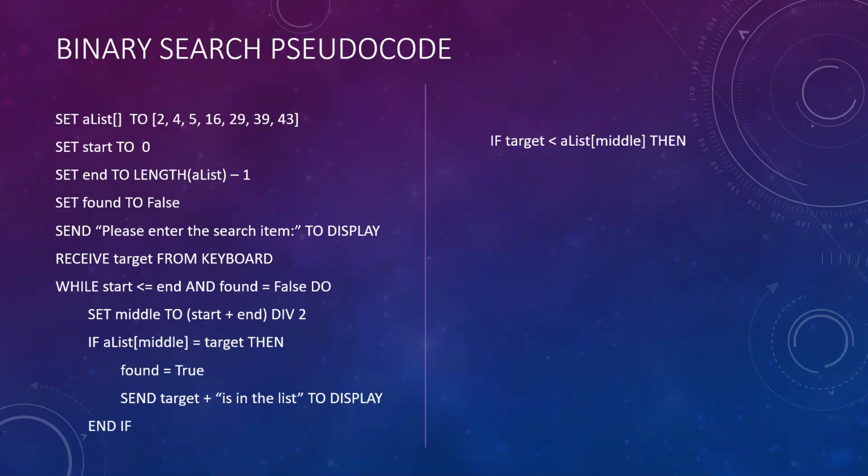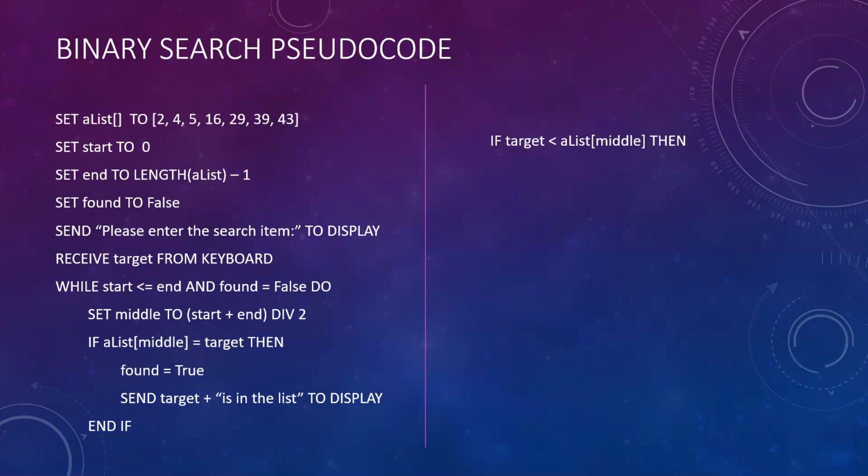And now it will compare. If I don't find the same value at the middle point, then what will happen? I have to decide which side I will go, left side or right side.